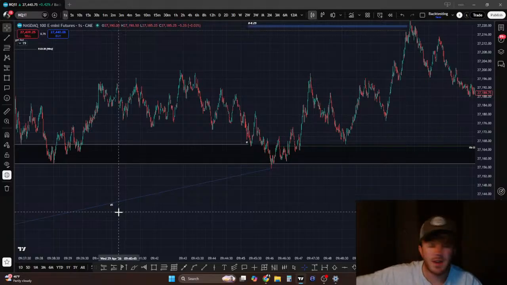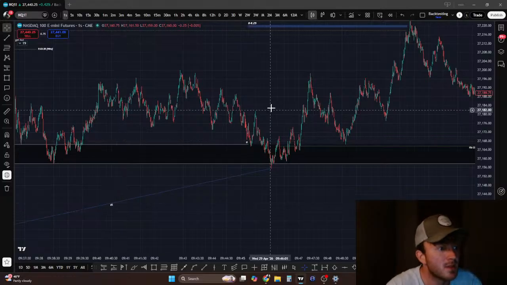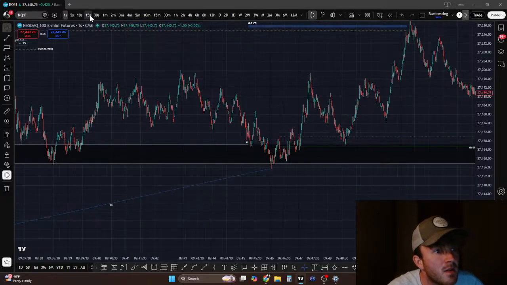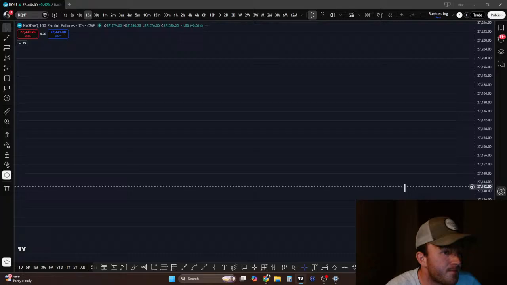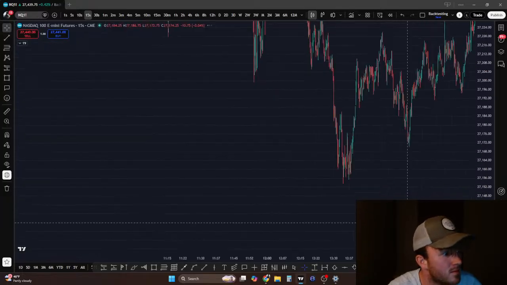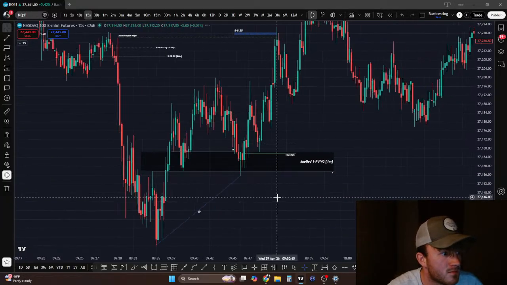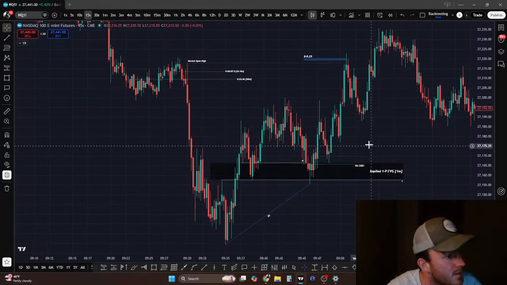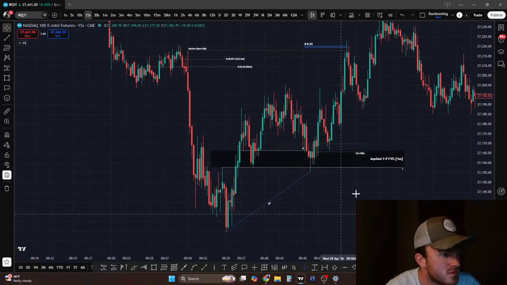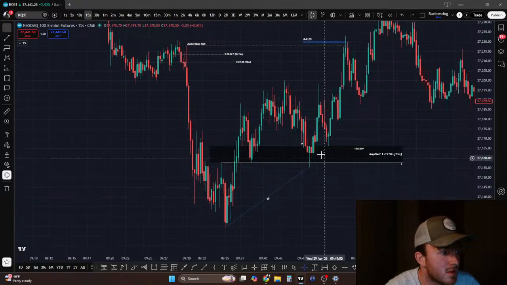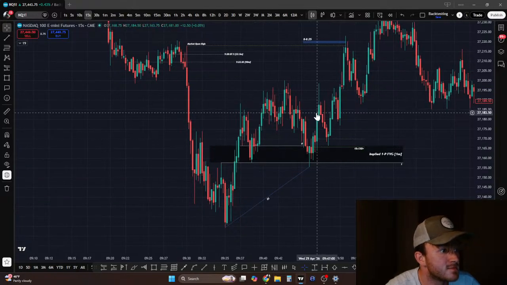Oh yeah, we were gonna mark out there was absorption from these whales as well. Let's go back. So you can enter it there.